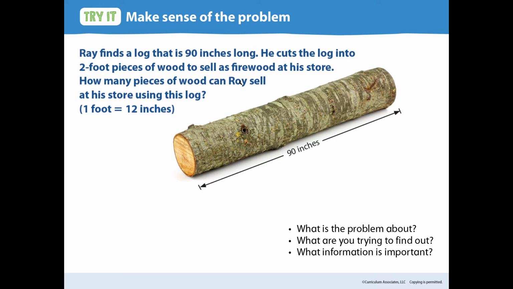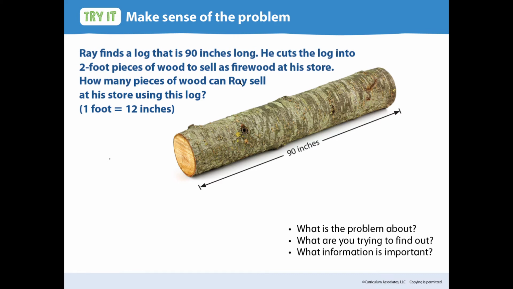You should have the problem solved, so let's look at it together. The total of the log is 90 inches, and he wants to cut it into 2-foot sections. So we are going from a smaller unit to a larger one. There's going to be a smaller number of sections than there are inches, so we're not going to have 90 sections.